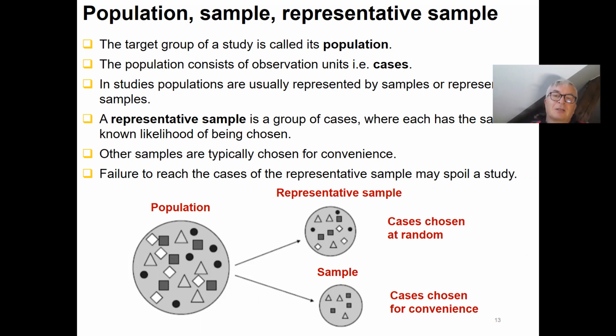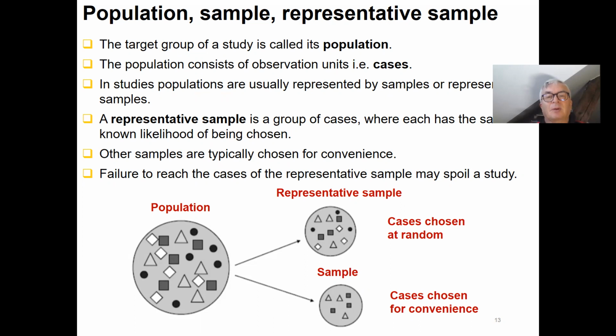So if there's a way of getting an answer more easily with a better, shorter questionnaire, with a better method, we use it. And if there's a way of selecting a sample or representative sample in a way that protects us from overworking, that's also perfectly fine.